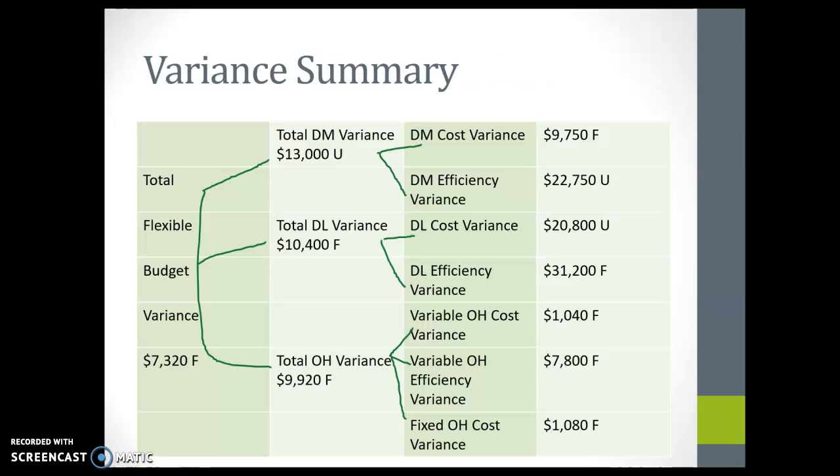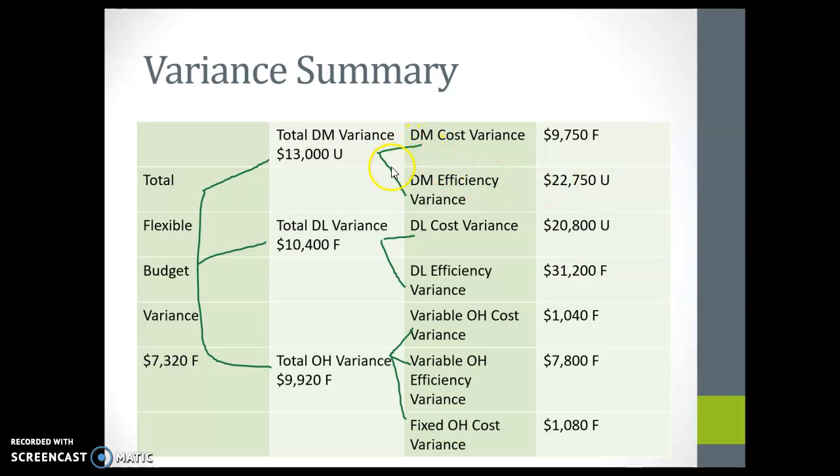variance. All right, so now what this slide shows us is all the variances that we have done through these videos. So we had looked at the direct materials cost variance, that was $9,750 favorable, and the direct materials efficiency or quantity variance, that was $22,750 unfavorable.